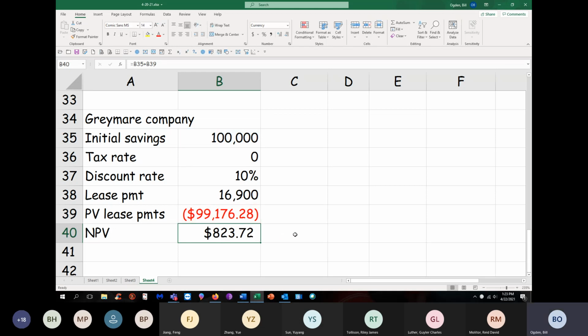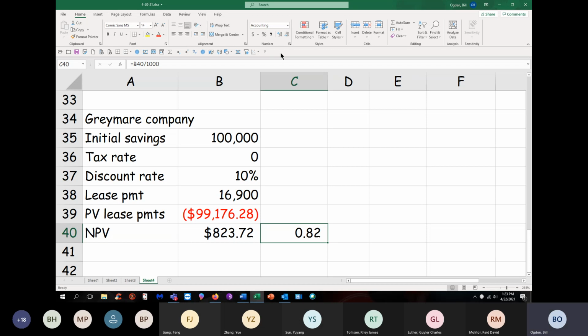All right, and we'll do the same treatment here to create the parallel with what your text did. Your text shows that the NPV of the lease for the Graymare Company is 0.820.